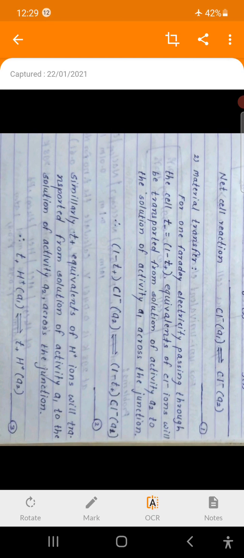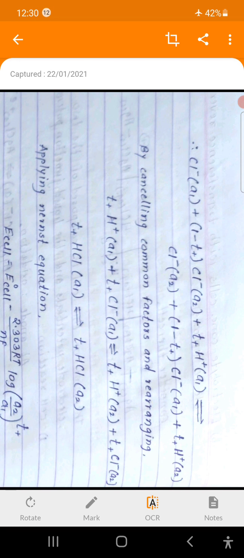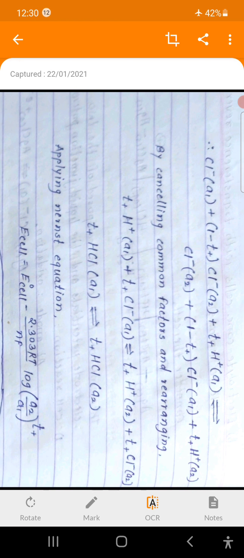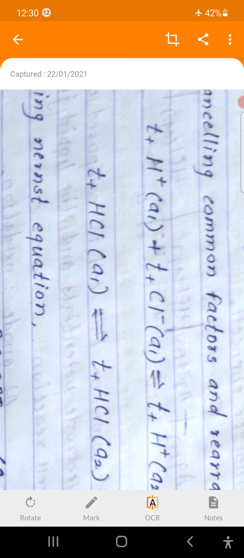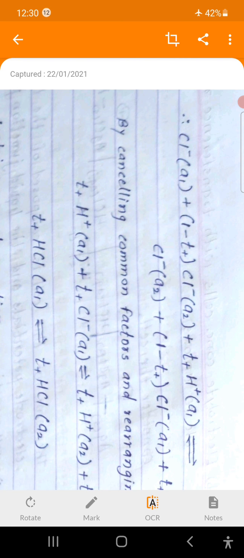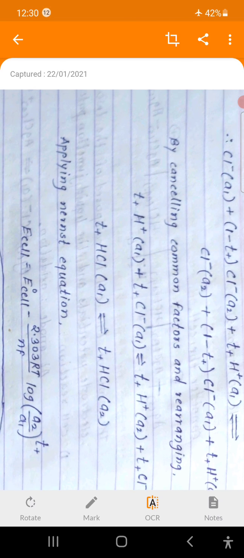By considering the LHS and RHS terms and neglecting common factors, we get the equation as T plus HCl having activity A1 is in equilibrium with T plus HCl having activity A2. This is the final equation by cancelling common factors and rearranging the RHS and LHS terms.